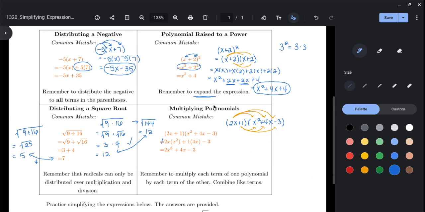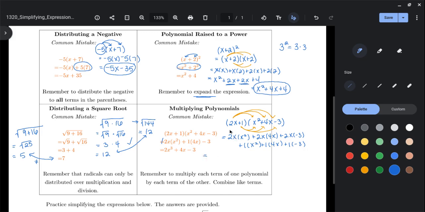So let's go ahead and write that out. So 2x times x squared, and then we have 2x times 4x, and then 2x times negative 3. And then distributing the 1, we get a positive 1 times x squared, positive 1 times 4x, and positive 1 times negative 3.